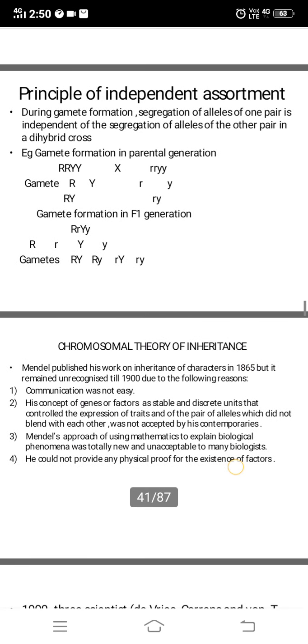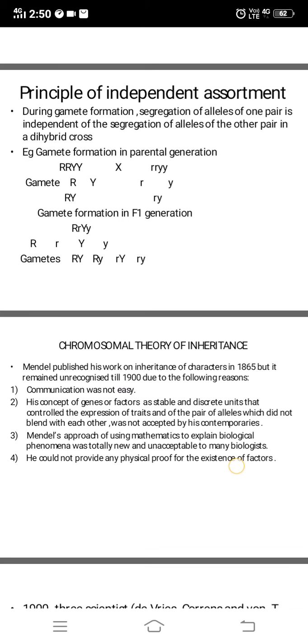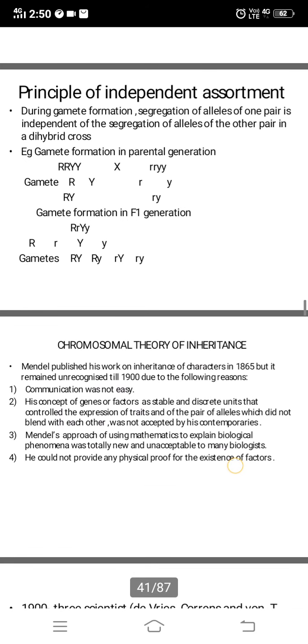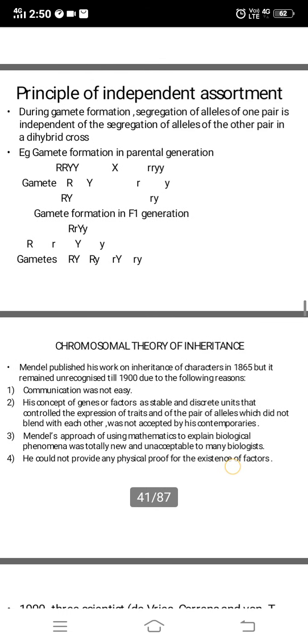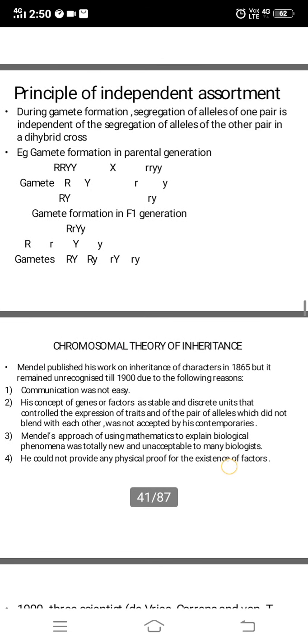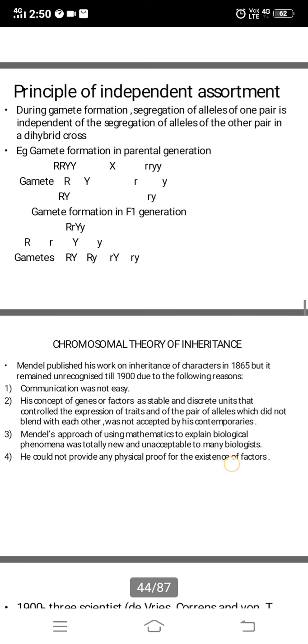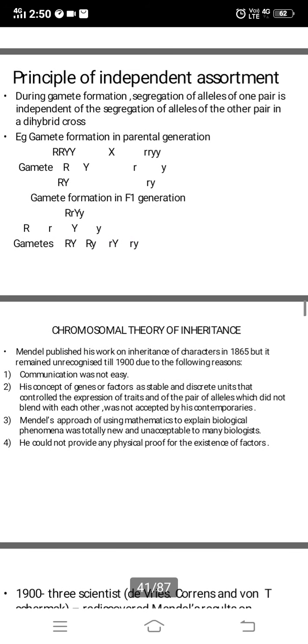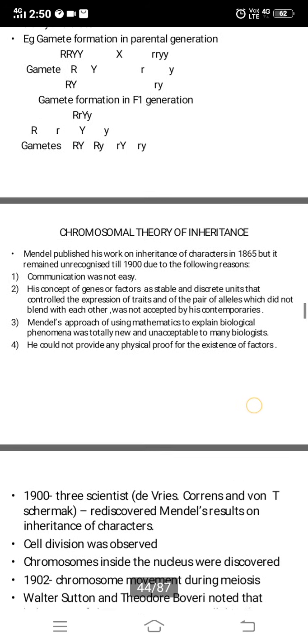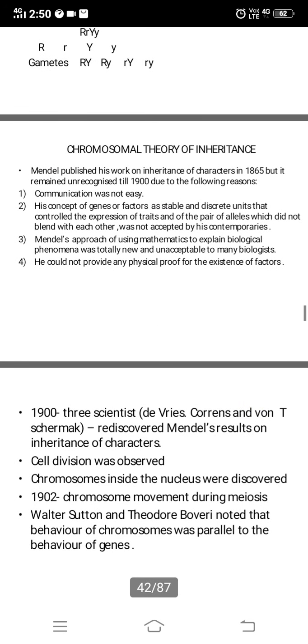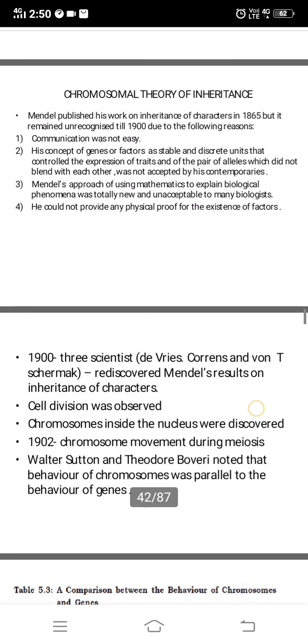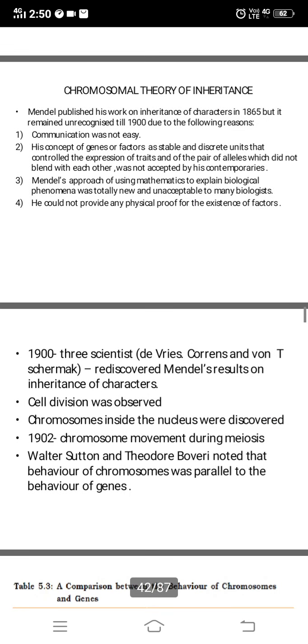All this was done by Mendel. Later a few scientists tried to find out the flaws in Mendel's experiment, and from that they came to the chromosomal theory of inheritance, which was found by Walter Sutton and Theodore Boveri. It is also called the Boveri-Sutton chromosomal theory.